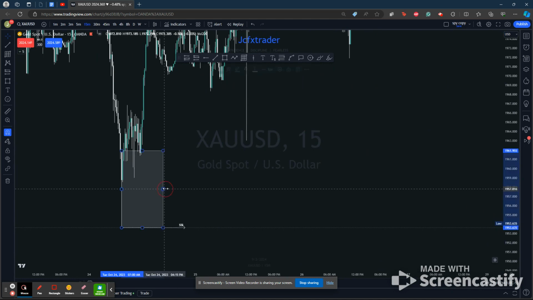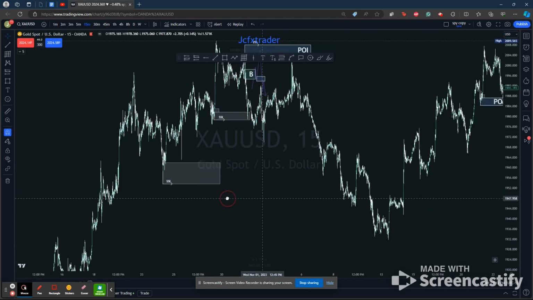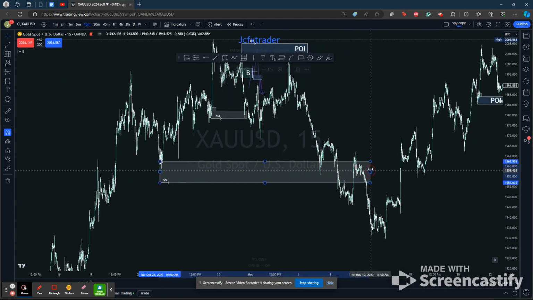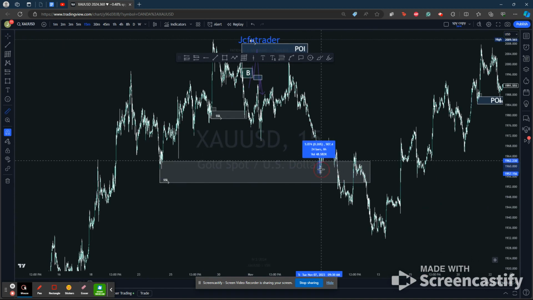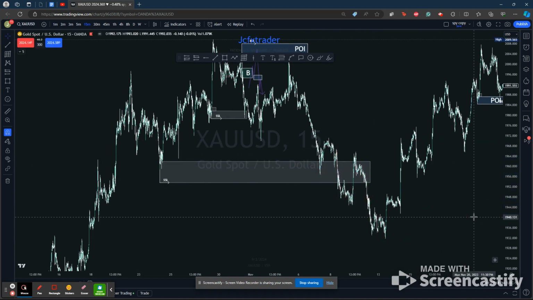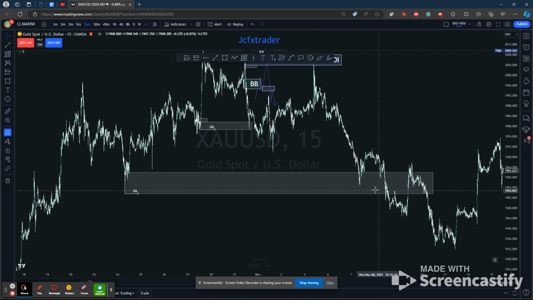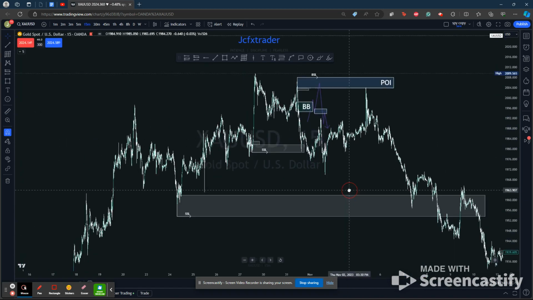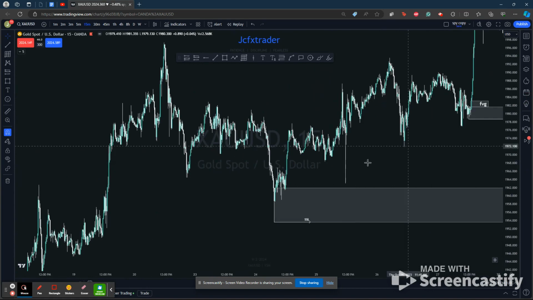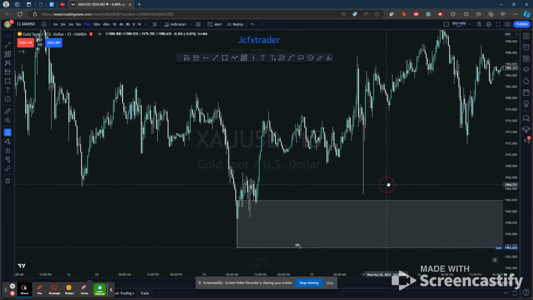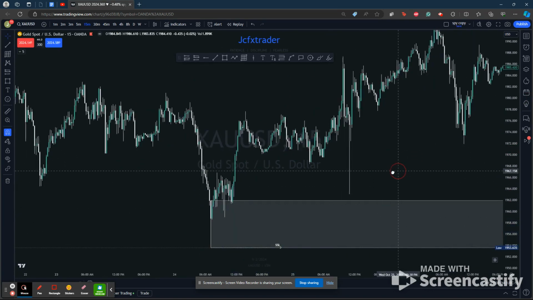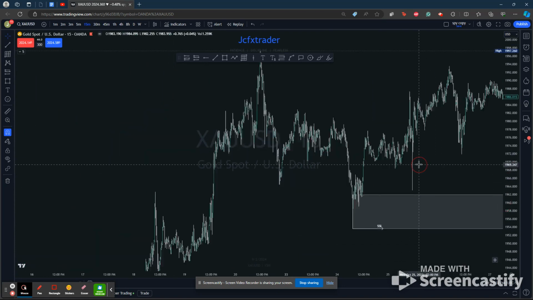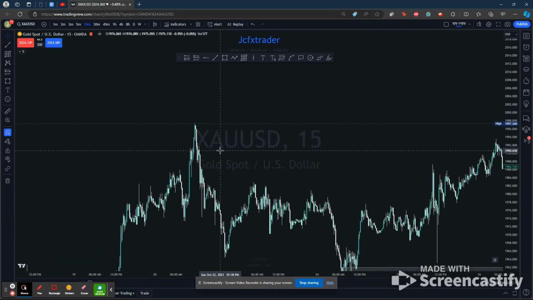So if we were to drag this order block over, we can see that price came in and it got disrespected. There was no huge move up like we saw right here, right? This is why it needs to have a fair value gap connected to it in order to make it more efficient and effective.